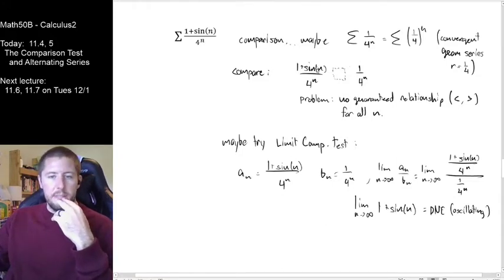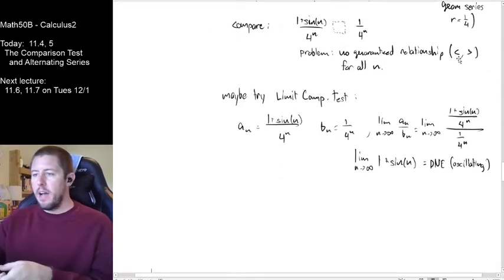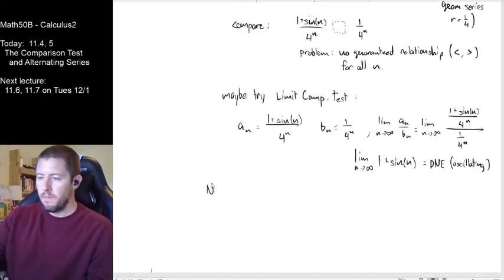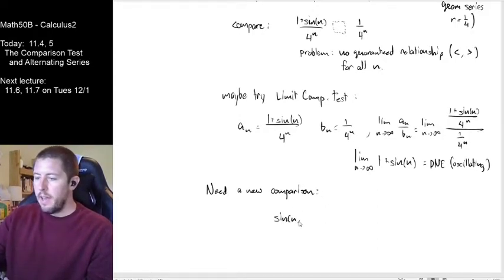The way that I can answer that is by saying to myself, well, what span of values does 1 plus sine of n take on? I say I need a new comparison. I know that sine of n is stuck between -1 and 1 always.